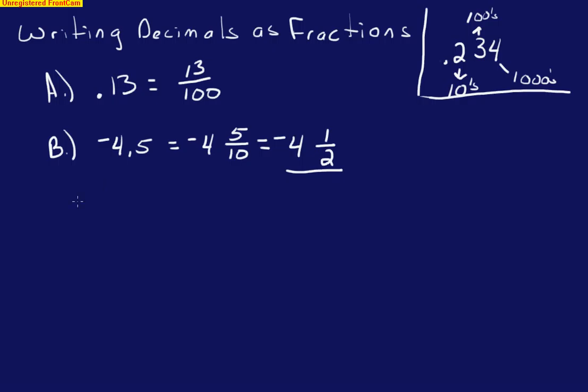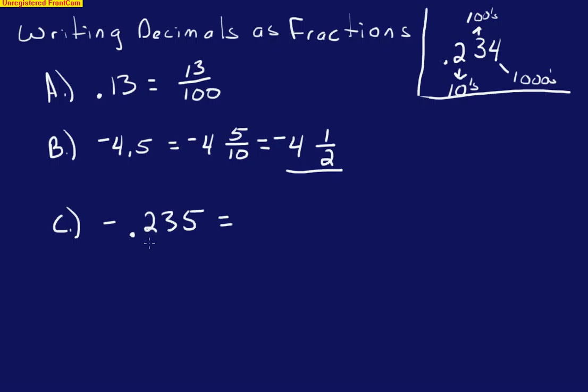Okay, so that's the second kind, and let's look at the third kind here. Okay, the third one, let's do a negative again, and this time let's do something a little bit different. How about -0.235? Okay, so on this one, it looks a lot like the first one, other than we know this one is negative.